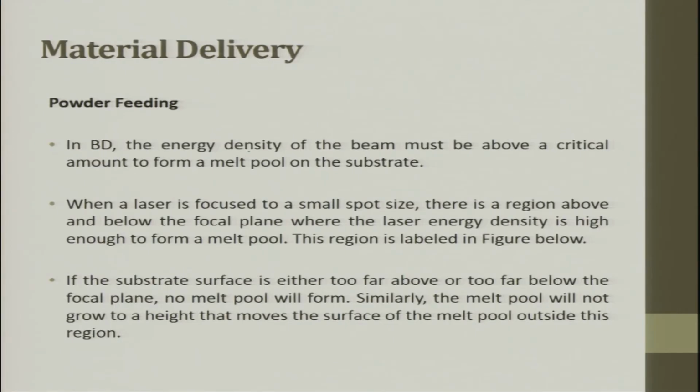In BD, the energy density of the beam must be above a critical amount to form a melt pool on the surface. So it depends on the laser beam power, because for melting, it has to help in melting. When the laser is focused on a small laser spot, flux density increases. There is a region above and below the focal plane where the laser energy density is high enough to form a melt pool.